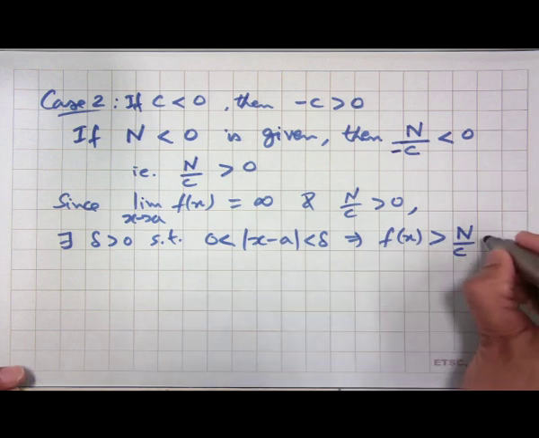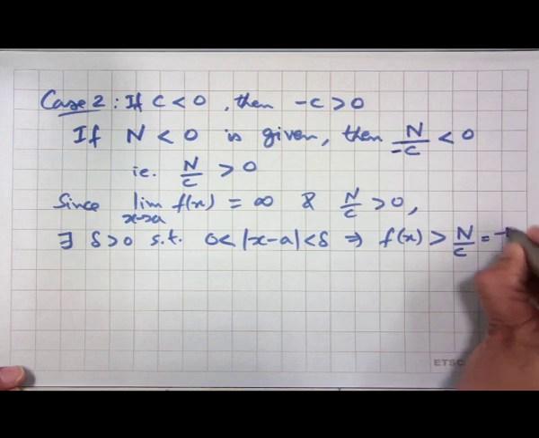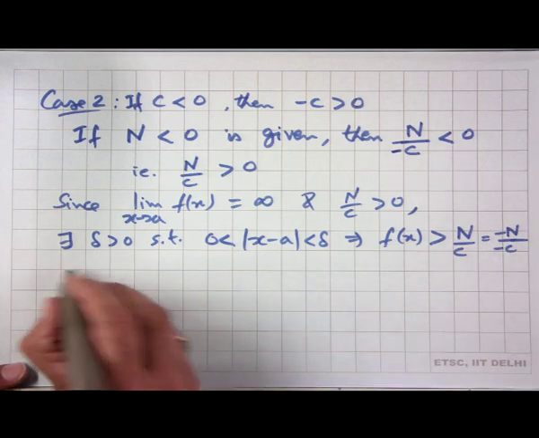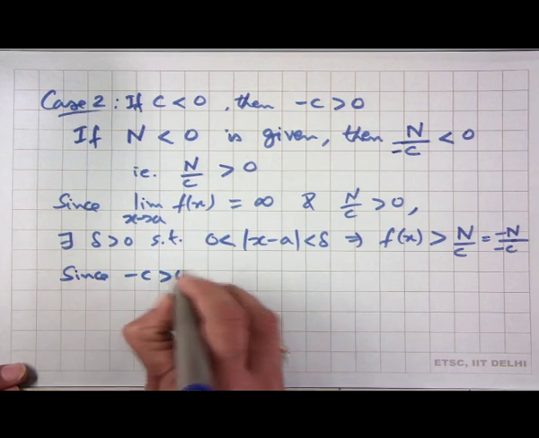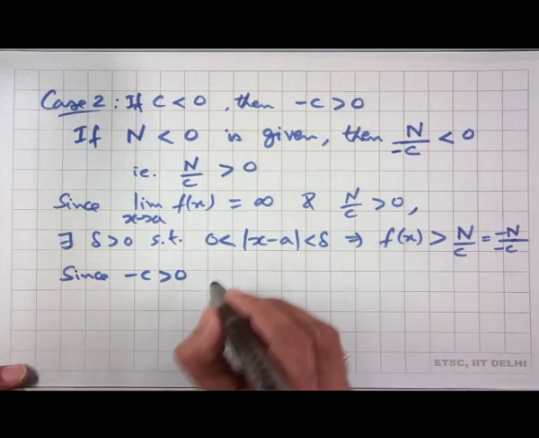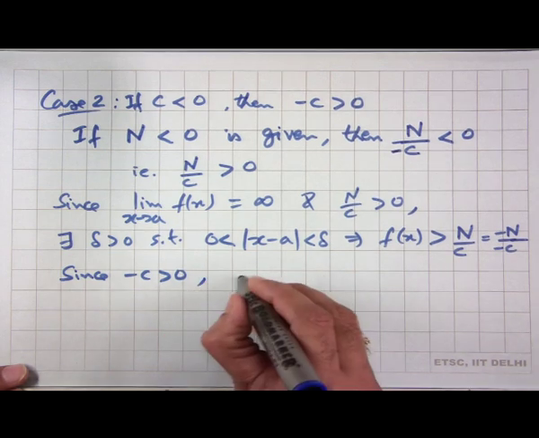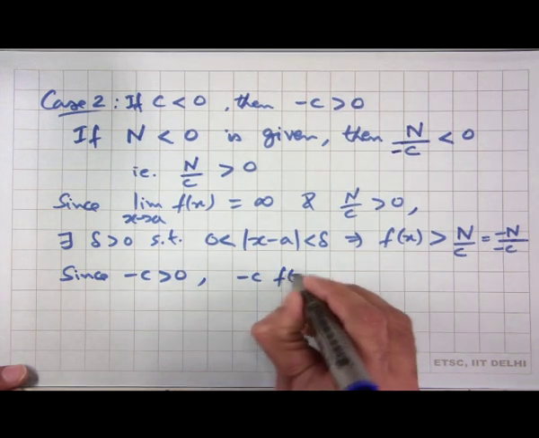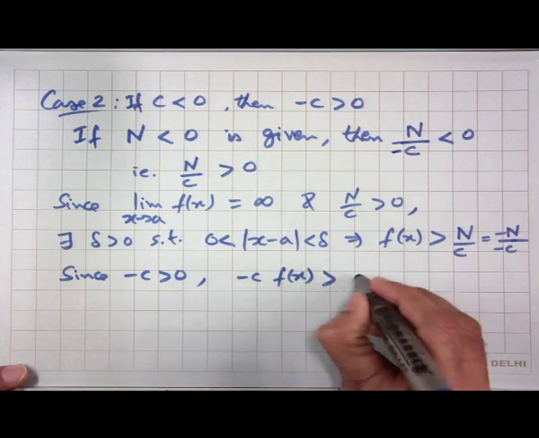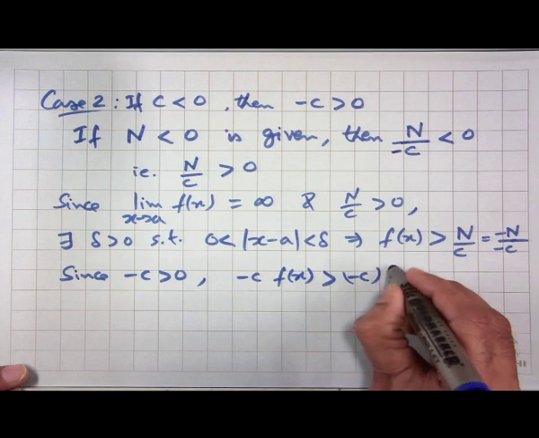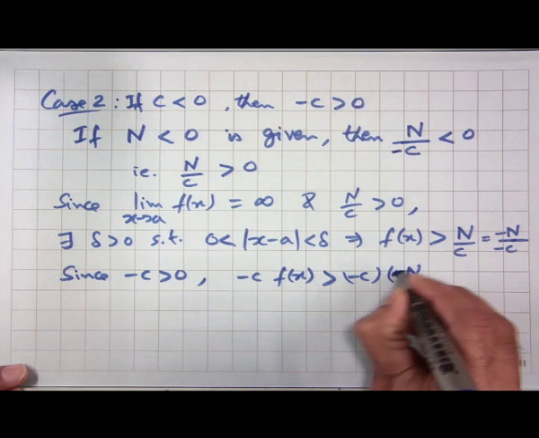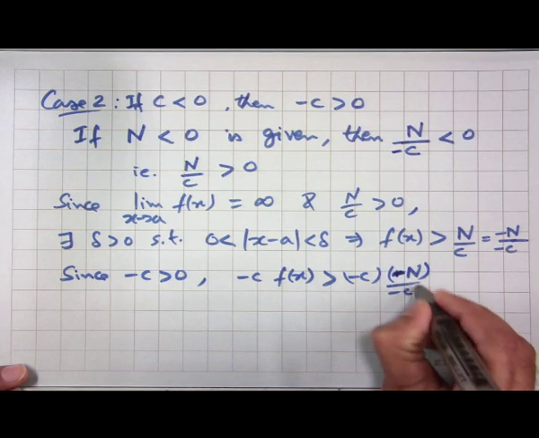This is equal to minus n by minus c, and since minus c is positive, we can multiply both sides by minus c. So, minus c times f of x is again greater than minus c times minus n by minus c.